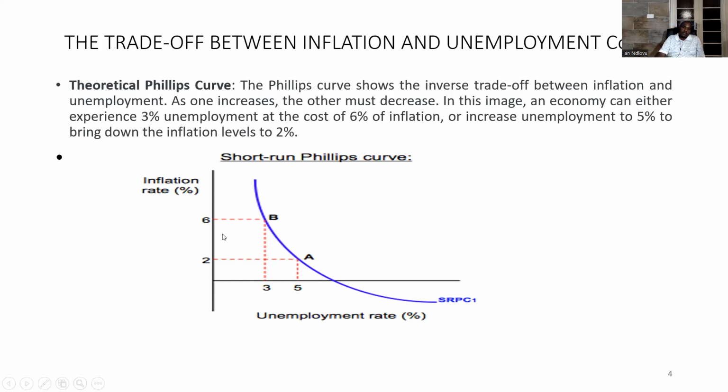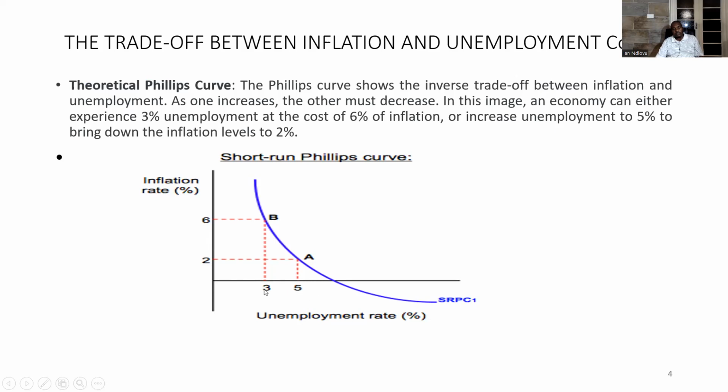So if the economy is to experience a reduction in the inflation rate, say of 4%, from 6% to 2%, the economy has to make do with a 2 percentage point increase in unemployment, as you can see there.